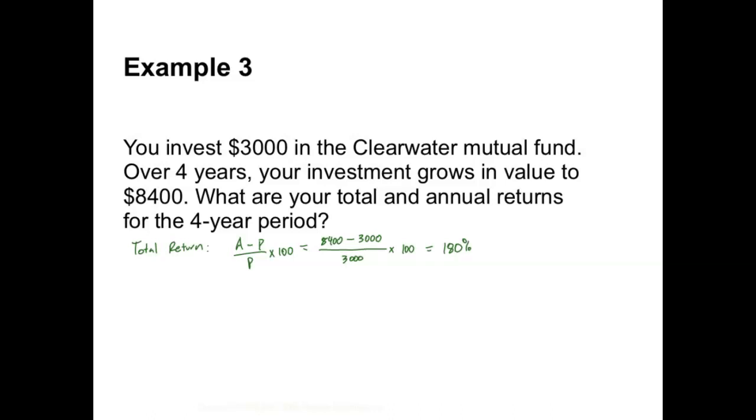And your annual return, remember, just tells us what APR you would have to invest this at in a savings account over those 4 years to get that same growth. And that formula is your accumulated balance over your principal, to the power of 1 over the number of years you're discussing, minus 1.